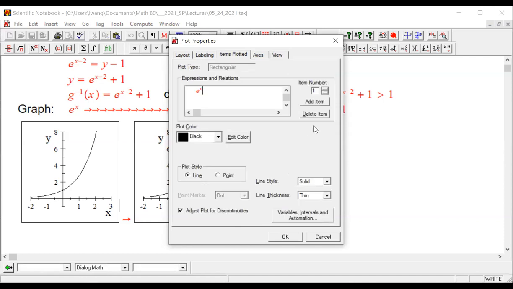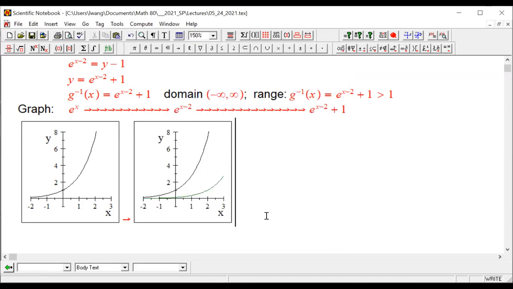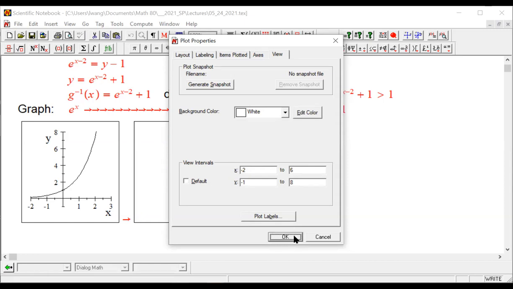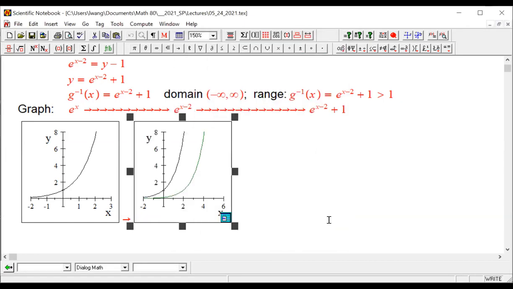So we're going to shift it to the right, e to the power of x minus 2. Make it green. Shift to the right.